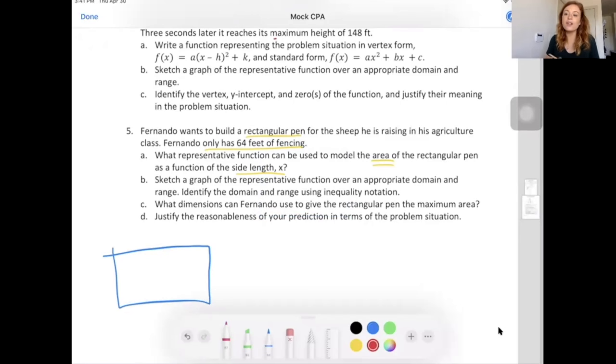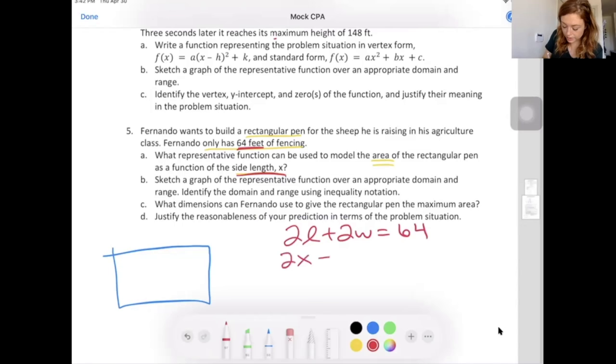Towards the very beginning of the year, we told you guys that there is a special perimeter formula you need to remember: 2L plus 2W equals, in this problem, 64 feet. Our length is x, so let's say 2x plus 2w equals 64.